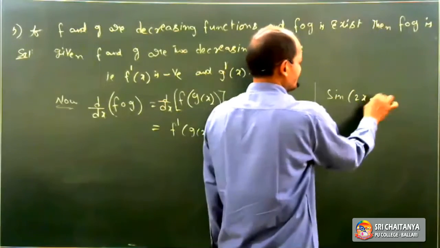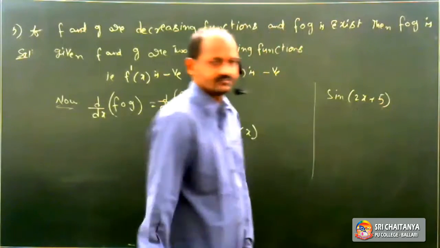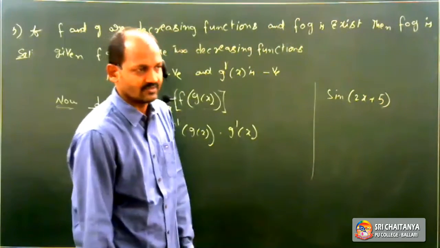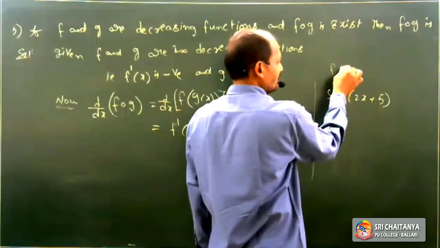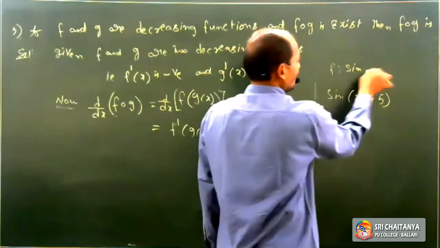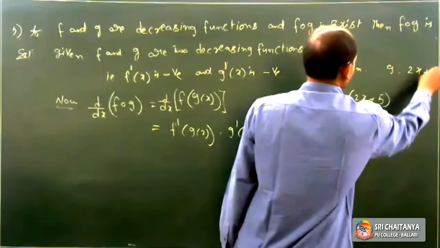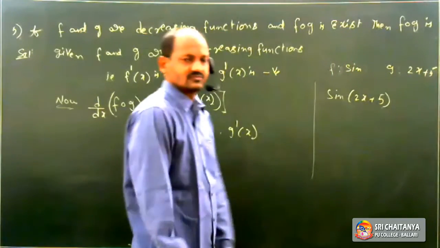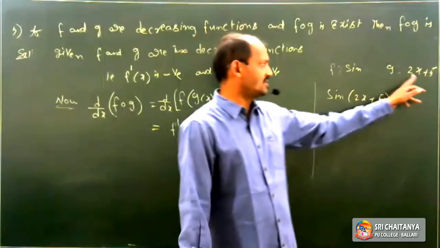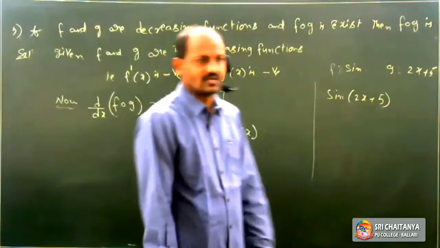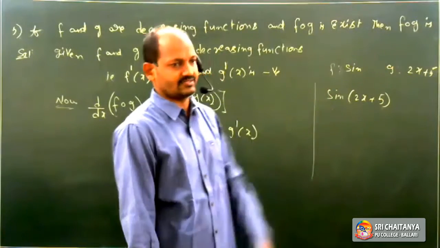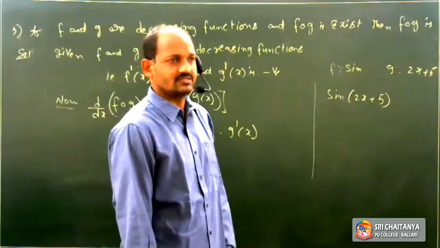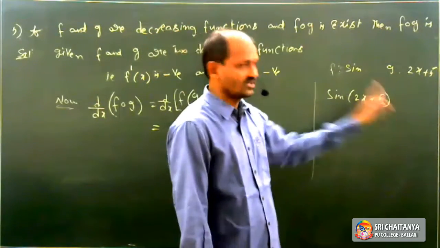For example, sin of 2x plus 5. Here the f function is sin, and the g function is 2x plus 5. So f circle g of x means sin of 2x plus 5.